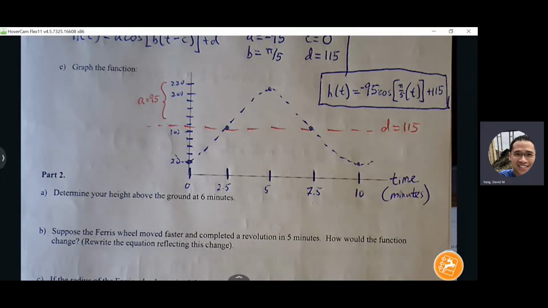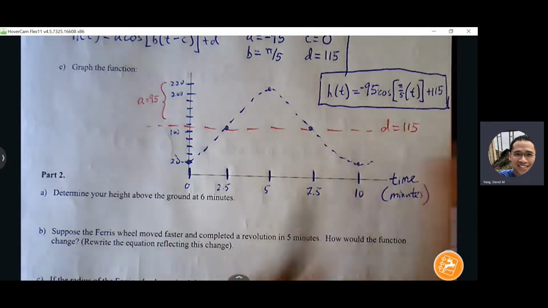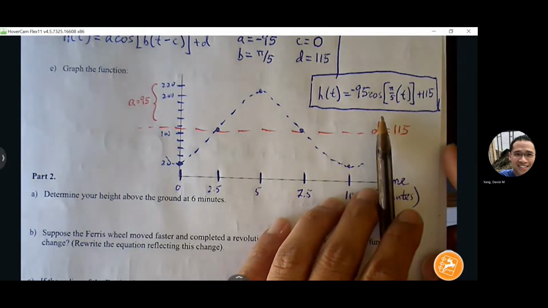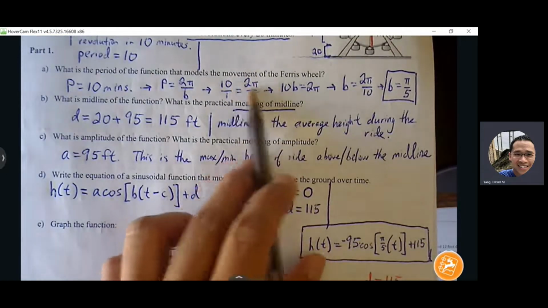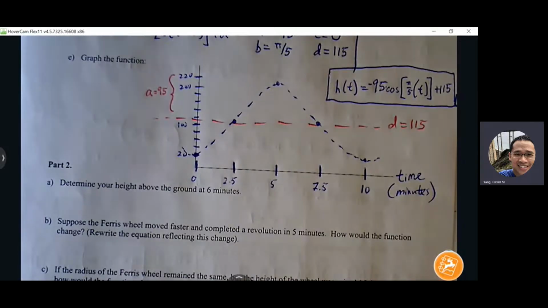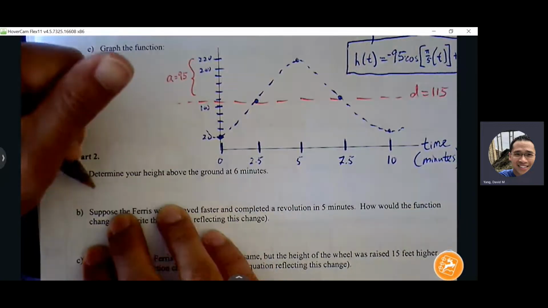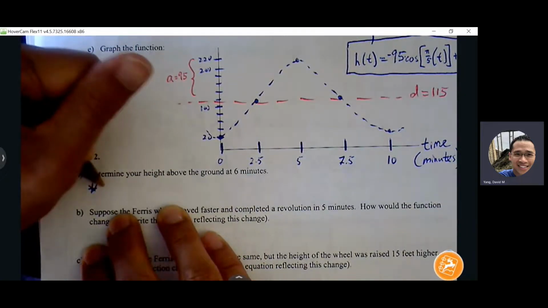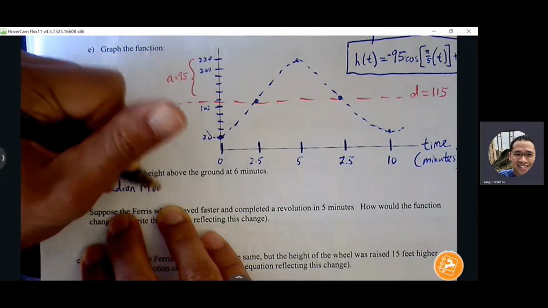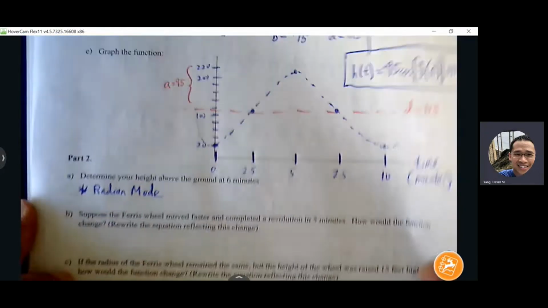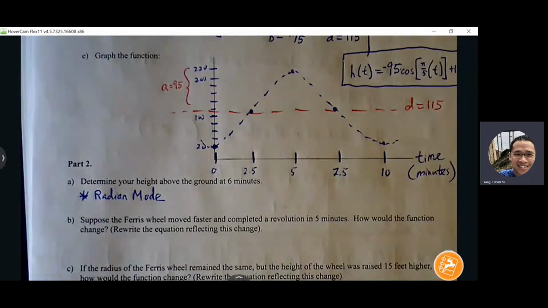Now we're dealing in terms of 2 pi. 2 pi is the parent graph, which means that our calculator needs to be in radian mode in order to adapt to that adjustment. So when you plug in 6 for T, you want to make sure you're in radian mode, because we built our period and interval using 2 pi in terms of radians.